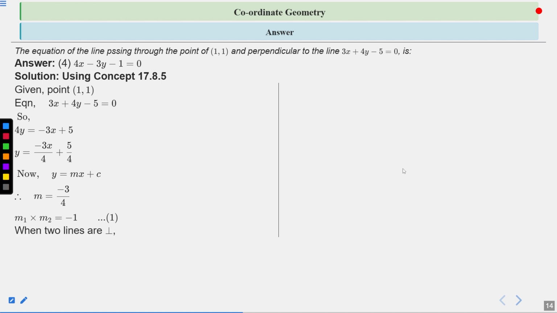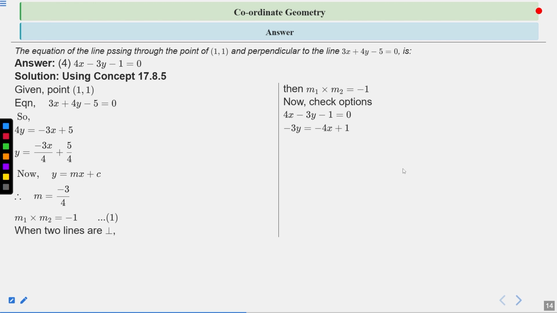When two lines are perpendicular, we know that the multiplication of the slopes is equal to minus 1. So m1 into m2 equals minus 1. Now check the options. Going through the options, take 4x minus 3y minus 1 equals 0.